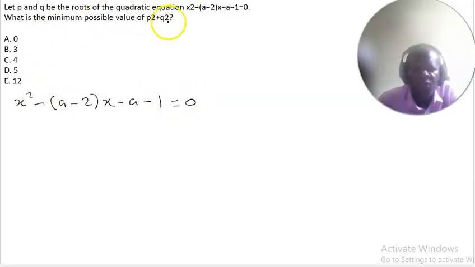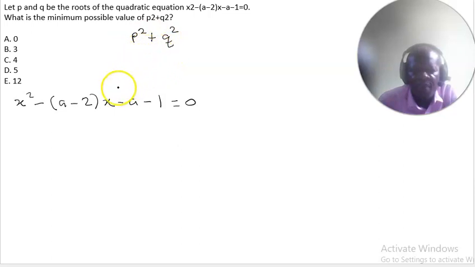So P and Q are the roots of this particular quadratic equation. What is the minimum possible value of P squared plus Q squared, if P and Q are the roots of this equation?